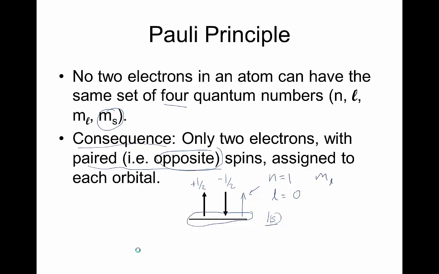The m sub l quantum number for 1s can only ever be 0. And then the m sub s quantum number, since I drew the arrow pointing up, would be plus 1/2. But these 4 quantum numbers are exactly the same 4 quantum numbers that I would assign to this electron that's over here on the left. And the Pauli principle says that no 2 electrons in an atom can have the same 4 quantum numbers.